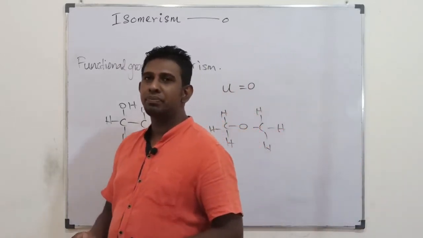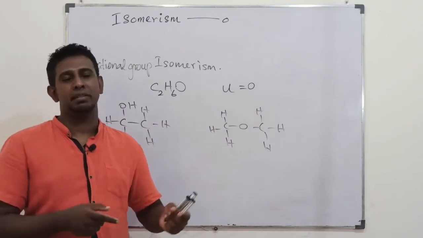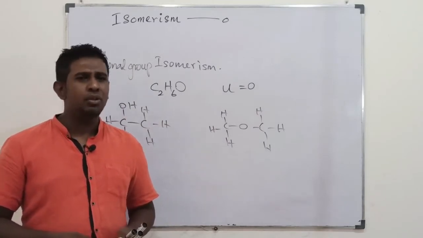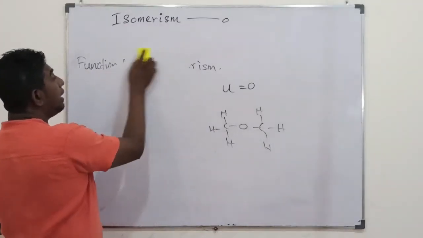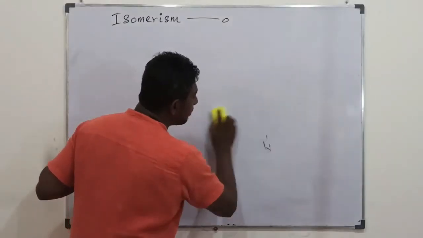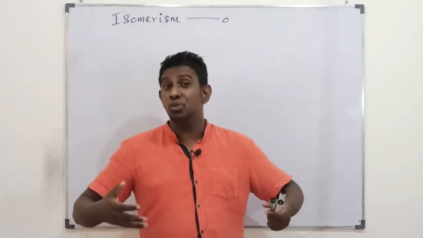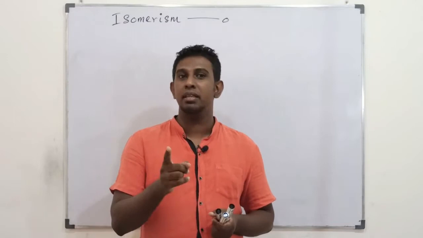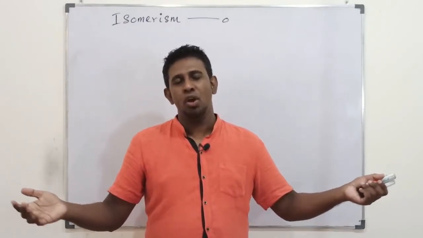Students, we have another 2 types under stereo isomerism as well. What are those 2 types? As I have already named at the very beginning, students, under stereo isomerism, you would find one type being named as optical isomerism.